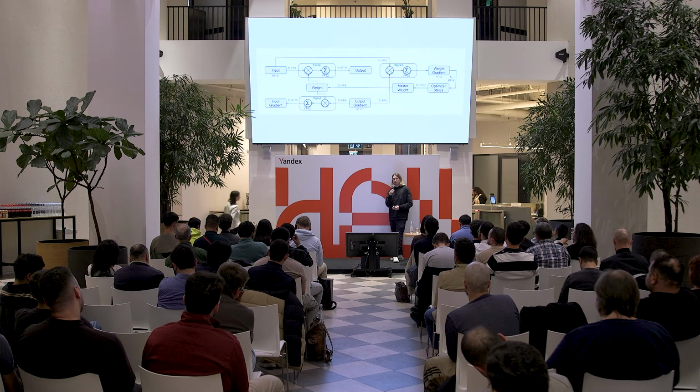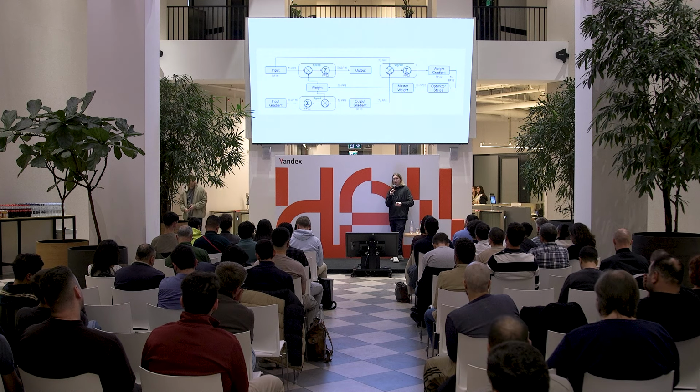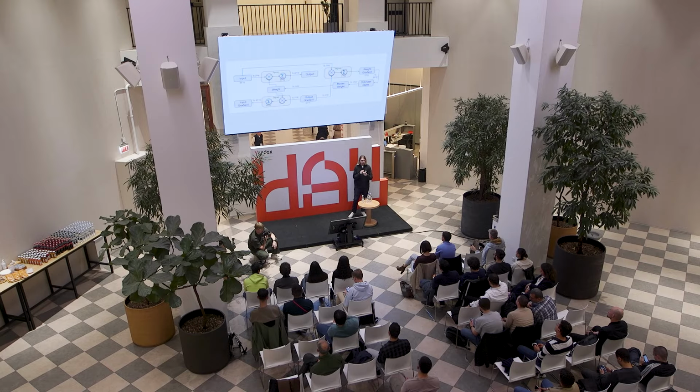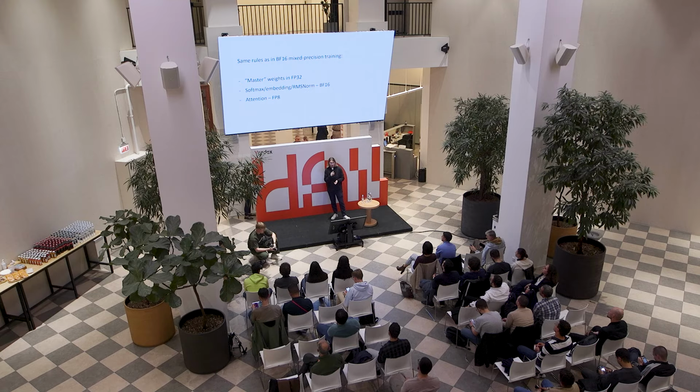And other operations such as normalization, softmaxes, all this small stuff like RMS norm that uses some sort of division or scaling or requires really fine-grained precision, probably are just not worth the effort, and they don't account for many floating point operations in your training anyway, right? So usually the rule of thumb is to run these operations in FP32 or BF16 and only use FP8 for matrix multiplications.